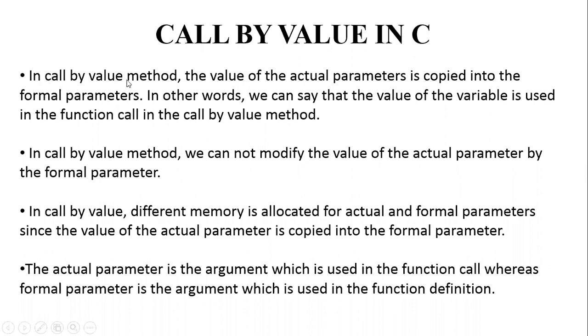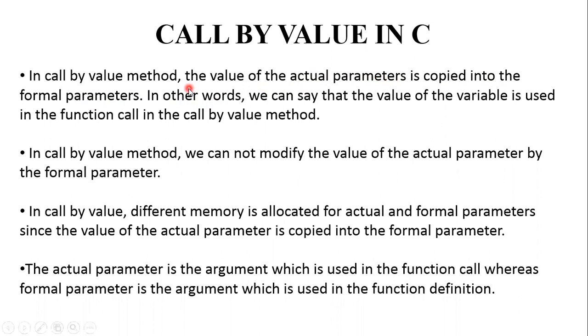In the call by value method, the value of actual parameters is copied into the formal parameters. Please understand here: whatever value you give to the actual parameter will be copied into the formal parameters.